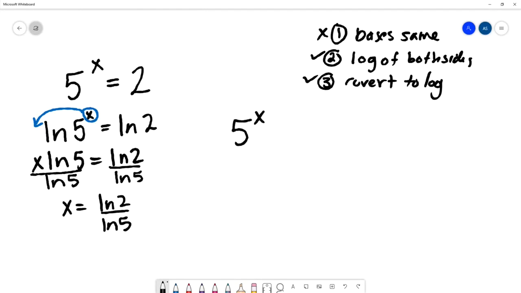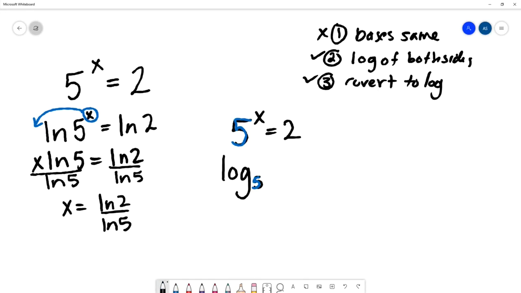If we have 5 to the x equals 2 and we want to solve by converting to a log, the reason why we can convert it to a log is because log and exponents are inverse operations of each other. So we're going to write this as log base 5. So the base of the log and the base of the exponent are the same.